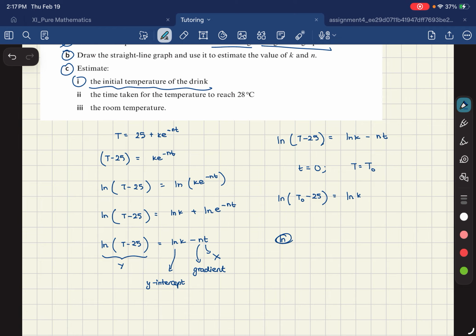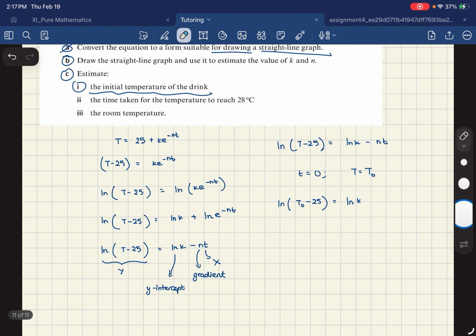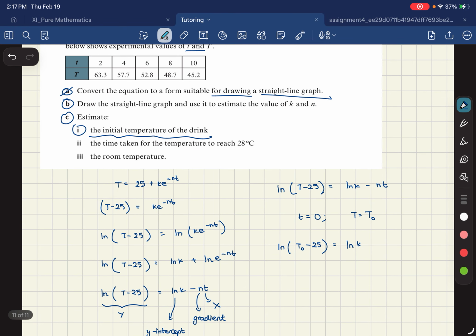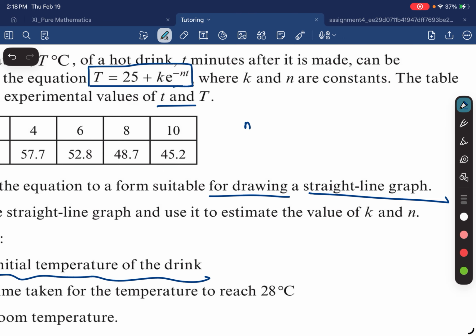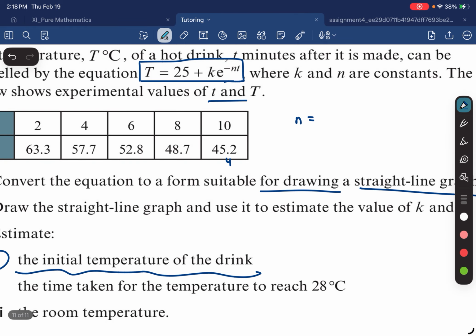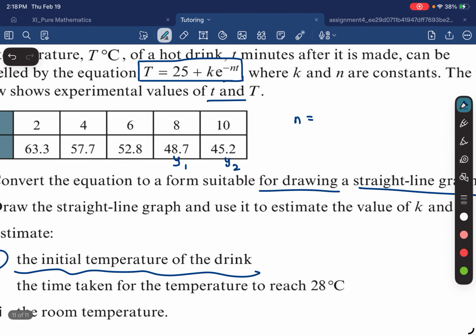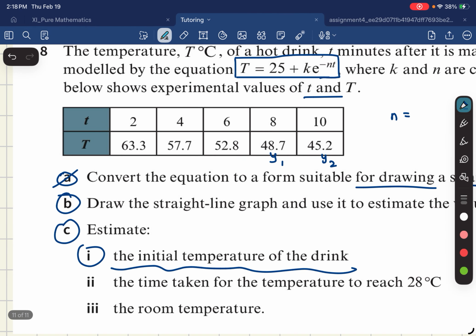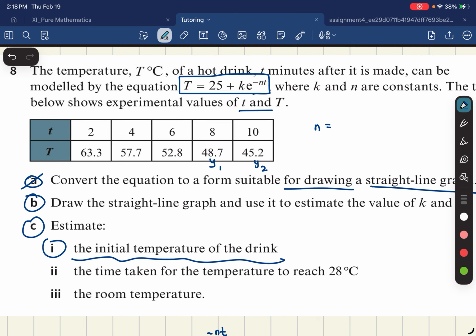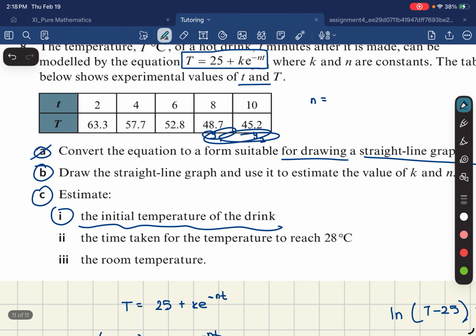Before I start with this, I will have to figure out what my ln K is and what my n is. N I can solve very easily. If I say this is y2 and this is y1 on the t-axis, I can't use data from this.